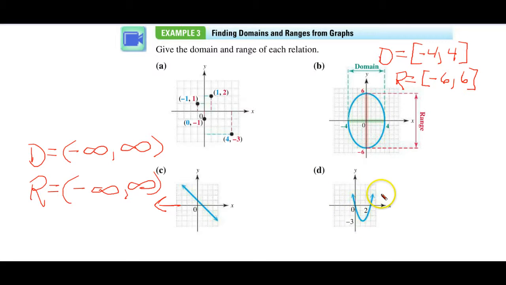Now here's a parabola. Notice that eventually this is going to go all the way out here to -infinity for the domain. And this would go out here to +infinity. But for the range, it looks like it's starting at -3.